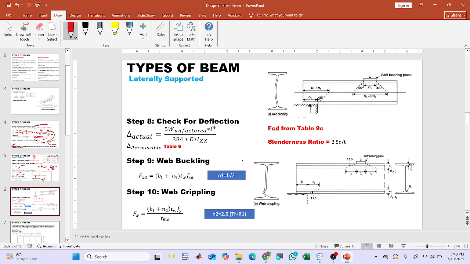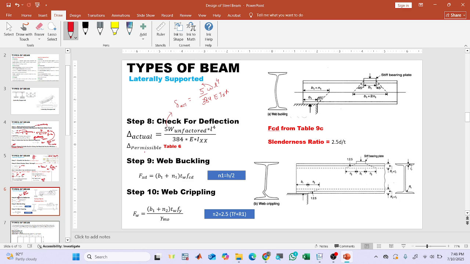For the next check, we will look at deflection. If the loading is UDL, then the actual deflection that is going to occur will be 5 divided by 384, W L to the power 4 over E Ixx. Here W is the working load, the unfactored load.